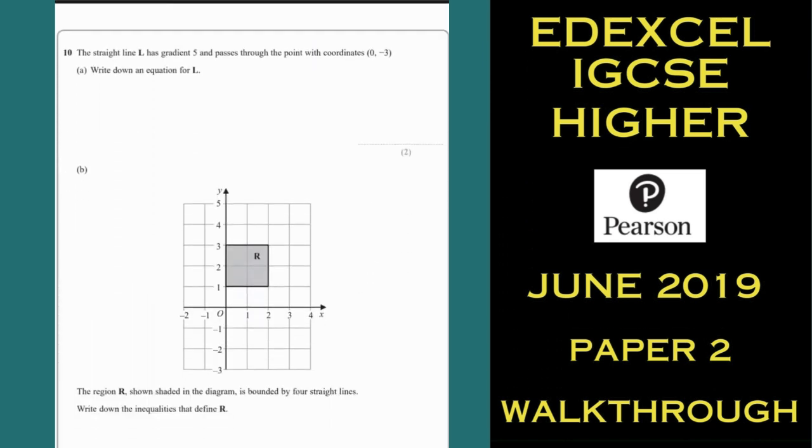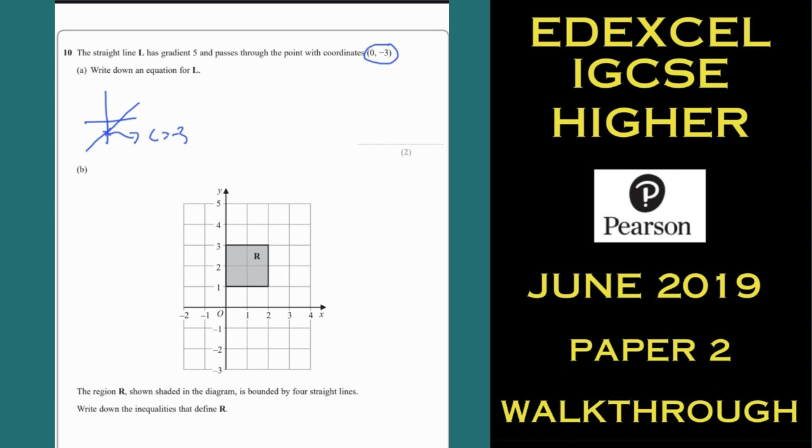Number 10. So, first of all, you've got to spot when a line, let's just do a quick diagram, when a line passes through a coordinate which has x value of 0, it's a disguised way of telling you that when x is 0, you get the intercept.